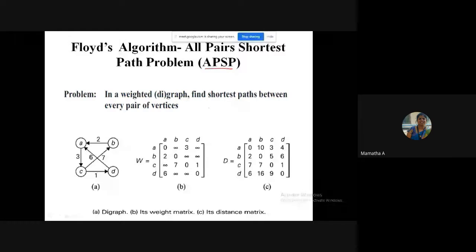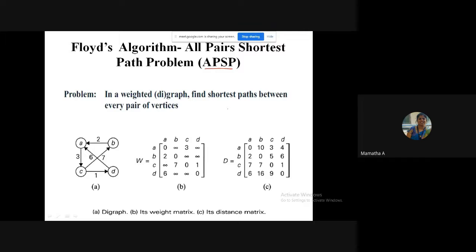All pairs shortest path problem is, I will find out the shortest path between all the pairs. Are you understanding? The shortest path. So now the concept is not whether the path exists or not. If there is a path, I should find the shortest path. Are you understanding? Between the pair of vertices.